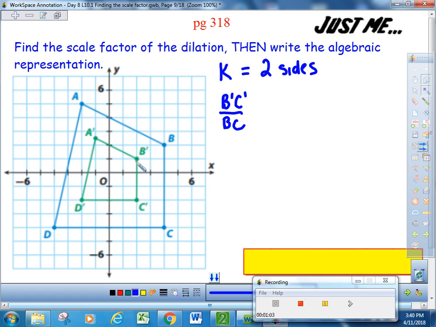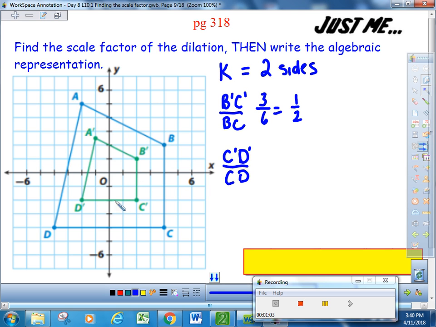And then you can count. So B prime C prime is 3 units. BC, 1, 2, 3, 4, 5, 6. So my scale factor is 1/2. And then I need one more side. C prime D prime over CD.